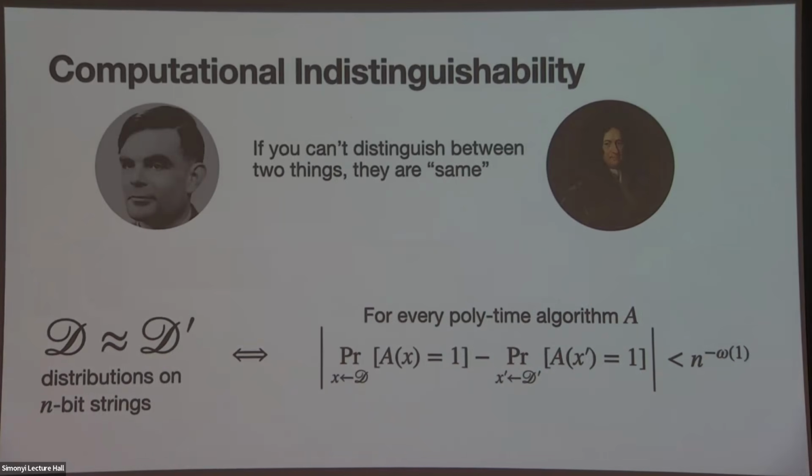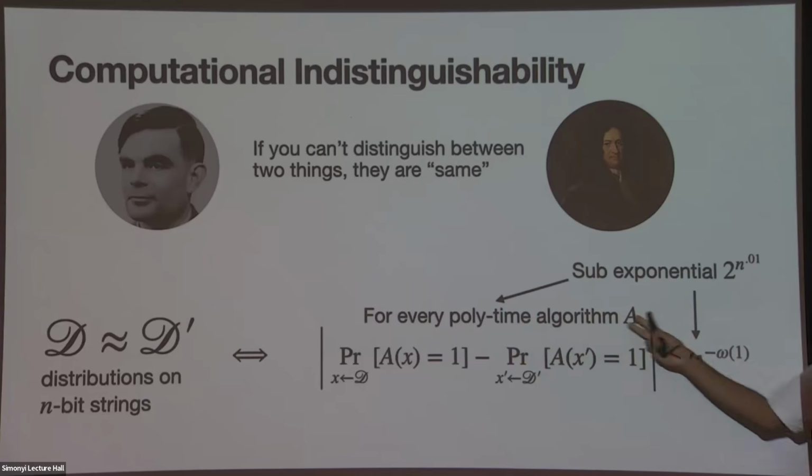Okay, so this is saying no algorithm can distinguish between these two distributions, and you could imagine, well, okay, if I can't distinguish these two distributions, then that'll mean in some sense that they're, for the purposes of cryptography, the same.